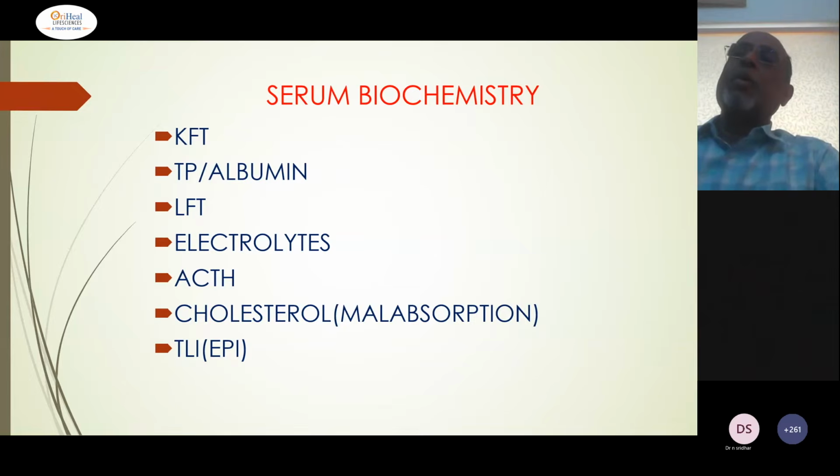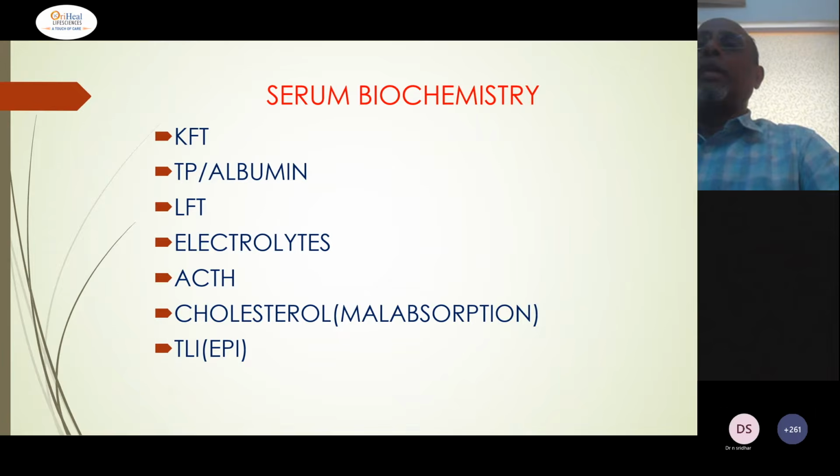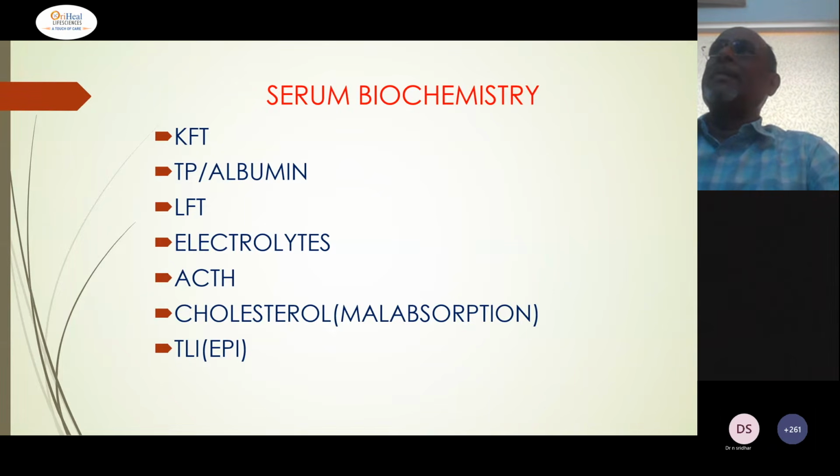Then you think about liver diseases, all these things. The total protein and albumin will give you a lot of lead into diagnosis of these diseases. Liver function test, SGPT, SGOT, and your total bilirubin, and of course bile acids. They are all very important to diagnose hepatic disease, which cause small intestinal diseases.